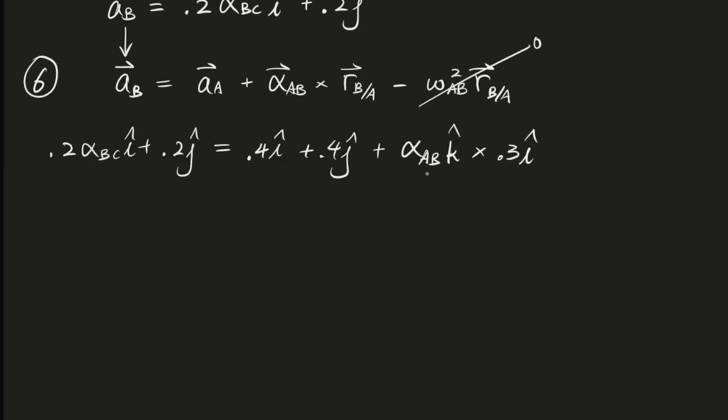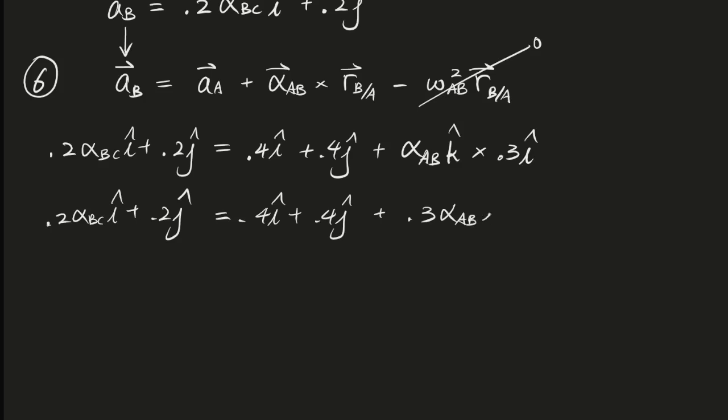We will further expand this equation that we just got, simply that cross product, and we'll get everything the same on the left side. The first term remains the same, and we add simply 0.3 alpha AB in the j direction.